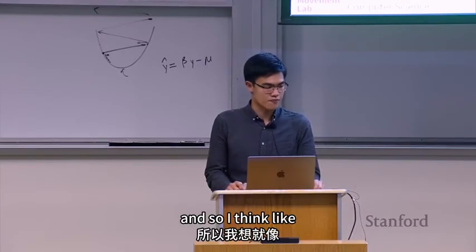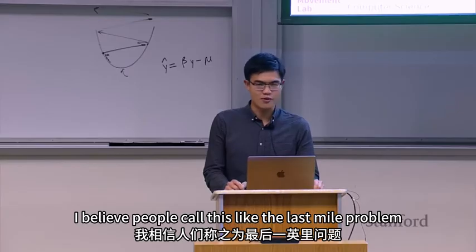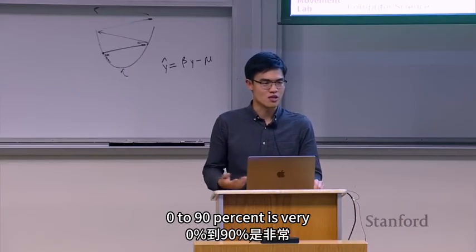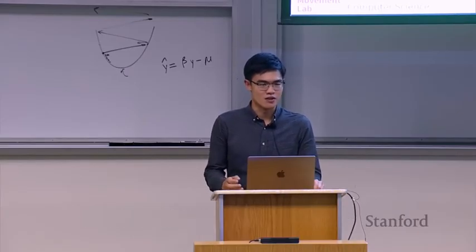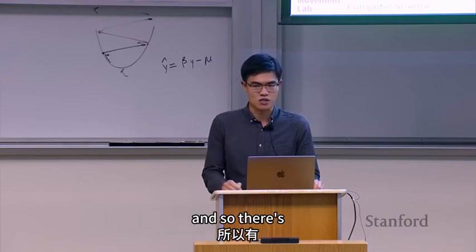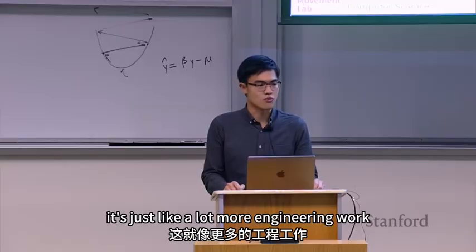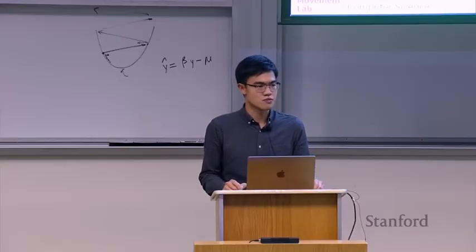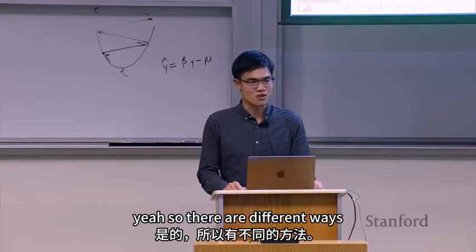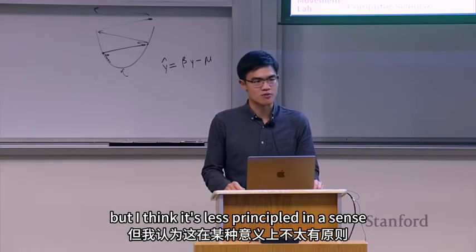I believe people call this the last mile problem, because going from 0 to 90% is just about as hard as going from 90 to 95. So in general it's just a lot more engineering work. And the second 90%. Yeah. There are ways, but I think it's less principled in a sense.